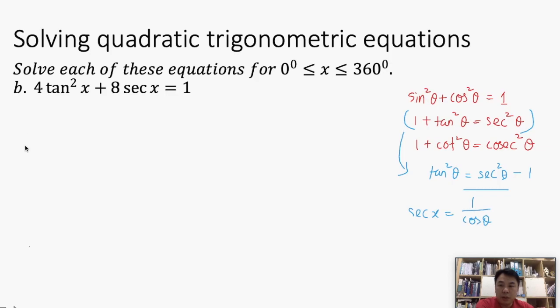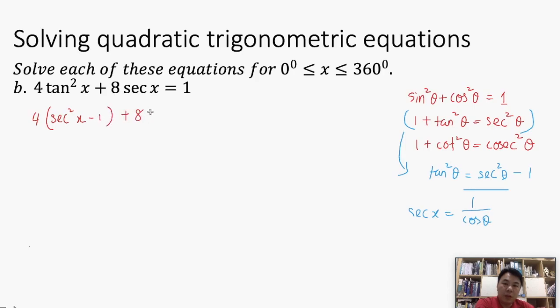So I can rewrite this as 4. So tangent squared can be written as secant square x minus 1. Okay, hold on. I made a mistake here, maybe because of my bad habit. I'm supposed to write it as secant squared x minus 1 here.